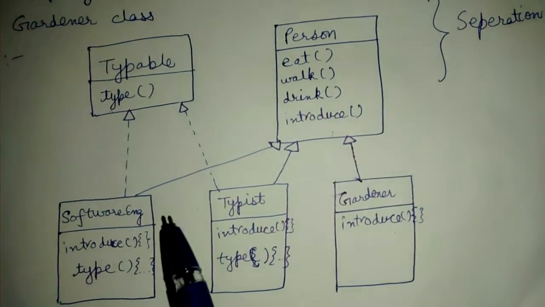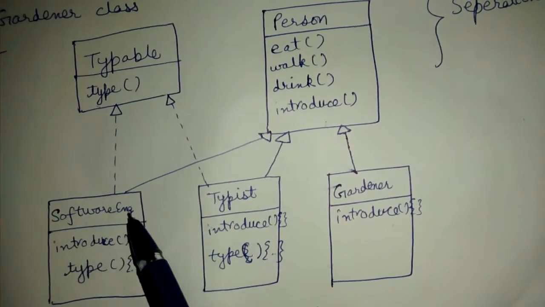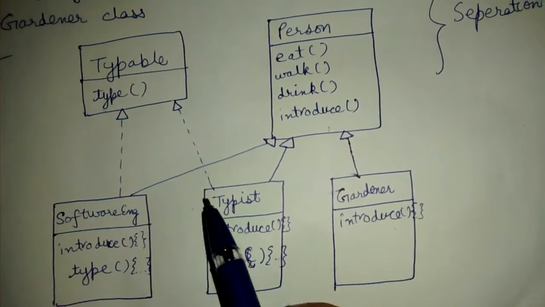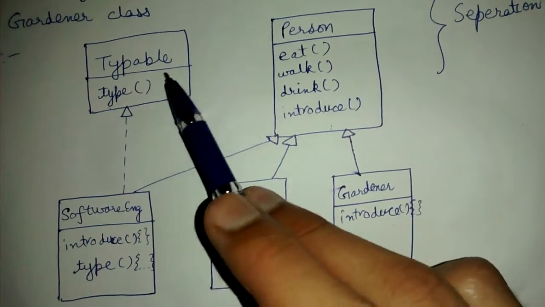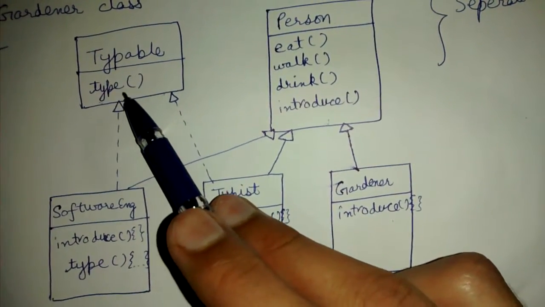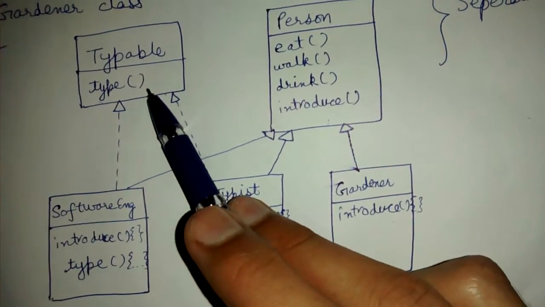But now the only difference is, in addition to inheriting from this person class, software engineer and typist classes are also implementing the functionality provided by this typeable interface. So they are also implementing the type method.